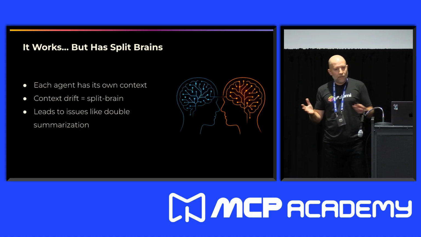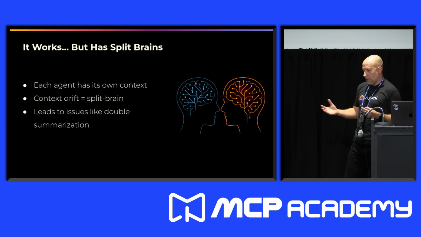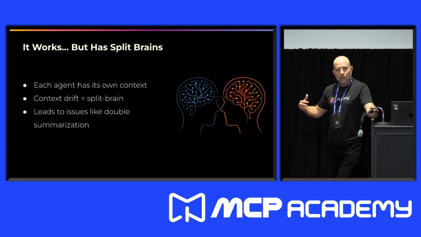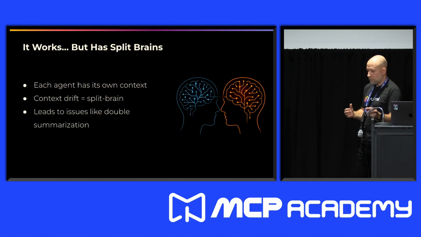But of course, there are some issues, right? And this is where we see where the state of the MCP protocol in general isn't quite up where we need to be, and also maybe some lack of ingenuity on our part.